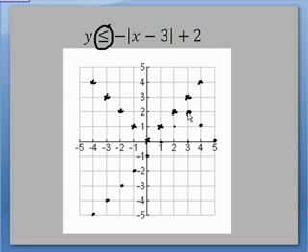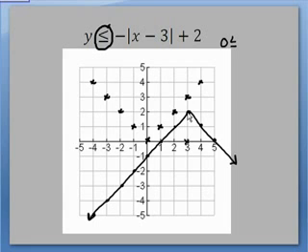Then I have to decide, do I want it dashed or solid? Well, it's less than or equal to, so we want it solid. It's going to look like this. And then we have to look to see where we shade. Let's take the point (3, 0) to plug in. So 0 is going in for the y.